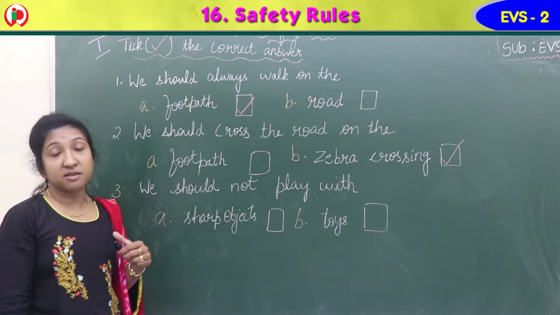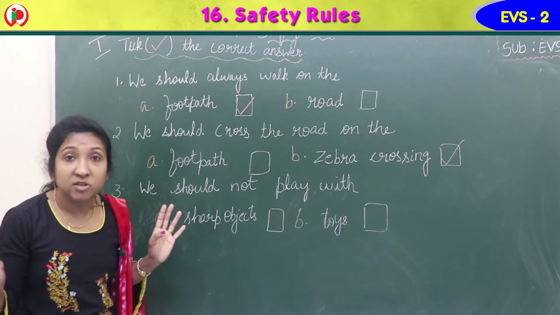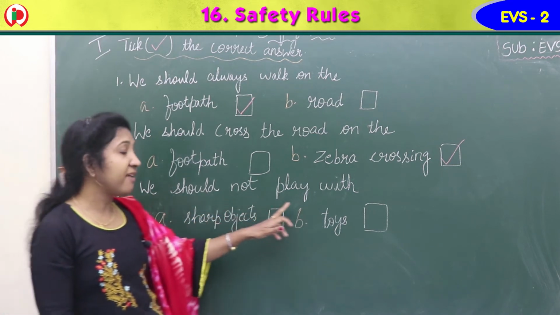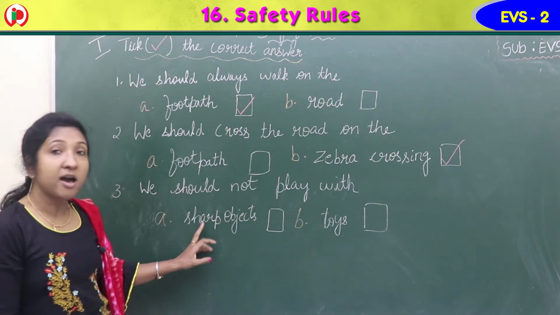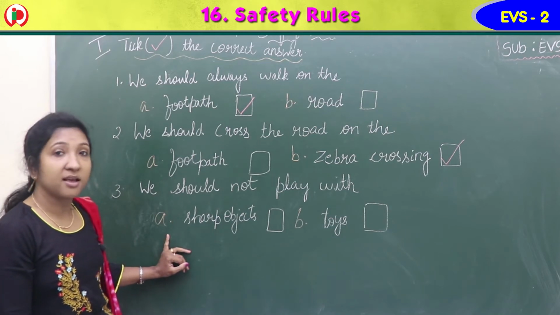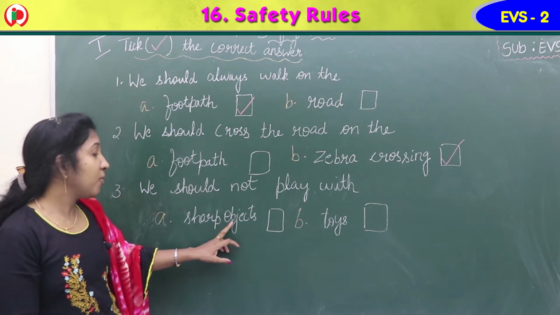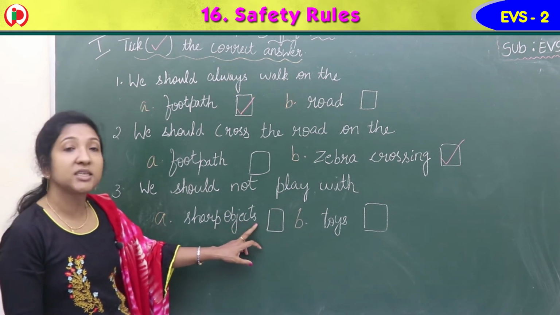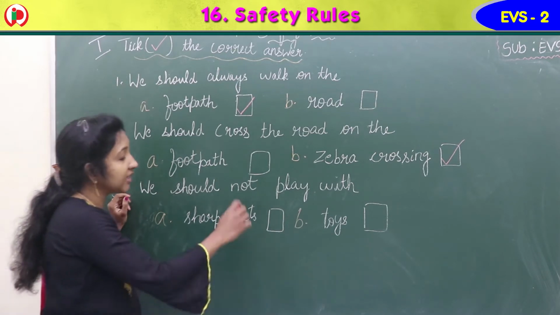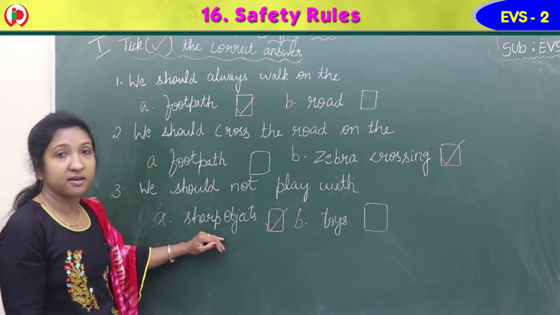These are sharp things or sharp objects. So children should not play with these sharp objects. Option A is the correct answer. S-H-A-R-P, sharp. O-B-J-E-C-T-S, objects, sharp objects. So give a tick mark in this square box because this is the correct answer.